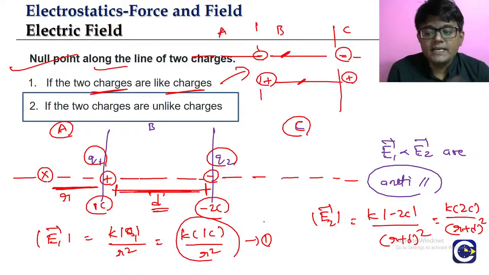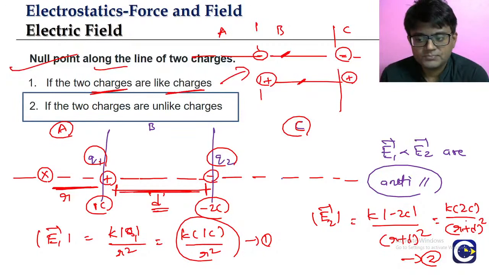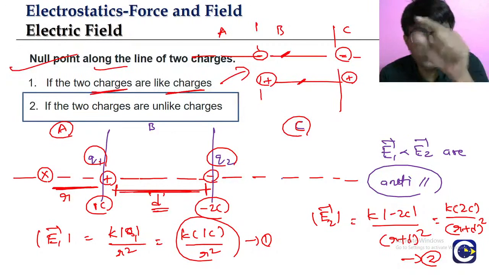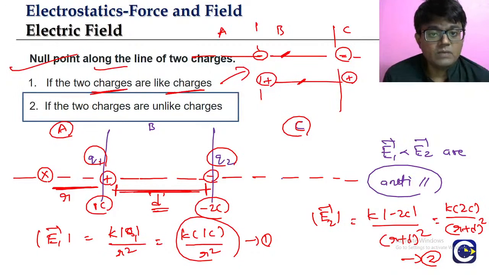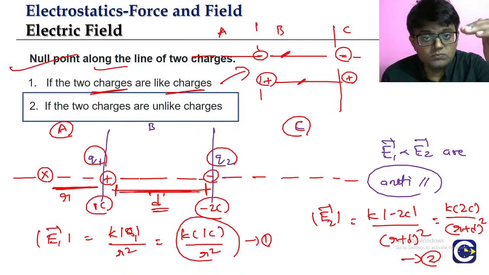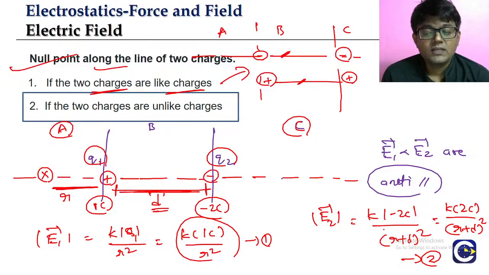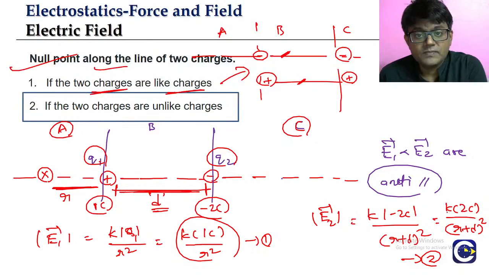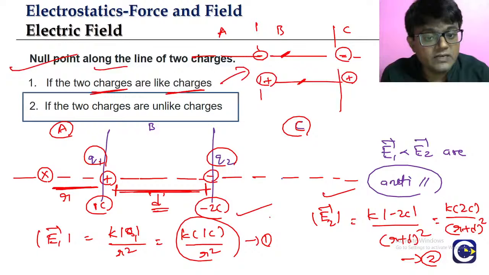When you compare the two expressions, in the second expression, E2's magnitude, the numerator is higher, 2 here and only 1 there. The denominator is also higher, r plus d the whole square, against just r square here. So when the numerator is higher and the denominator is also higher, there will be a chance for E2's magnitude to become equal to E1 for a certain value of r. We will have to find the value of r for which we will get the null point.